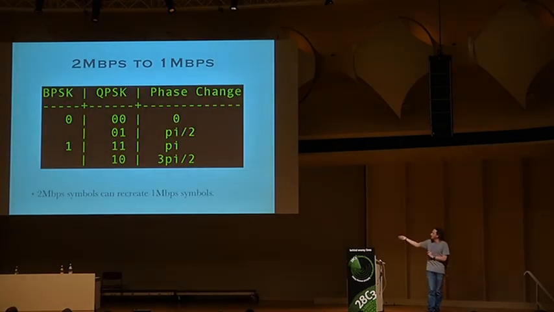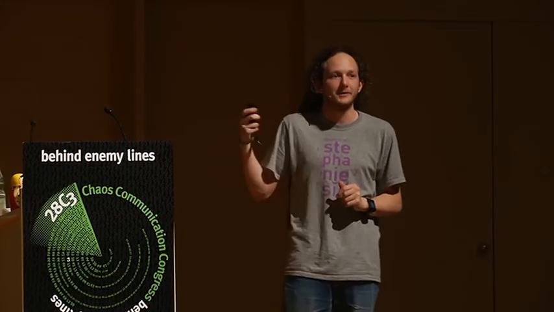This is the table. Again, 0, 0 represents 0, and 1, 1 represents 1, but these have to be after scrambling. And we don't know how our data will be scrambled. At 1 megabit, the scrambler fixes itself, and we don't have anything to worry about. But at 2 megabits per second, we can't count on the scrambler.